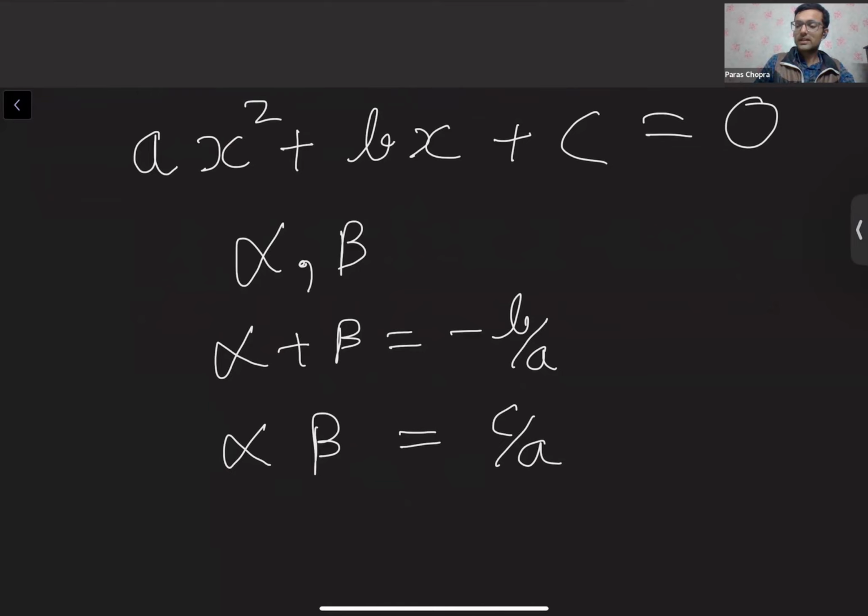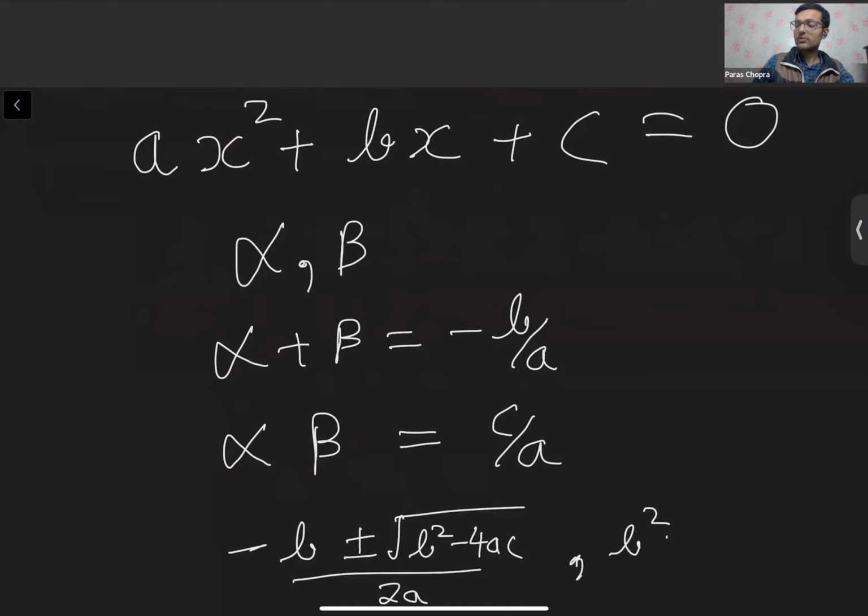So the formula is negative b plus minus square root of b square minus 4ac by 2a, where b square minus 4ac is called the discriminant of the quadratic. If the discriminant is positive, then it will have real roots. If the discriminant is negative, then it will have imaginary roots, both of which are complex conjugates.